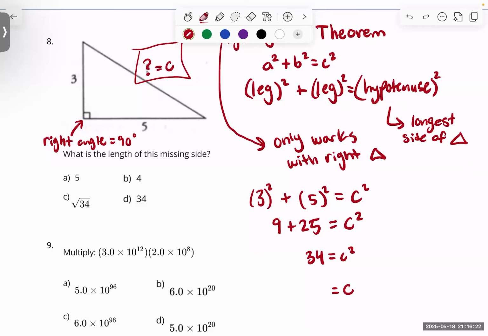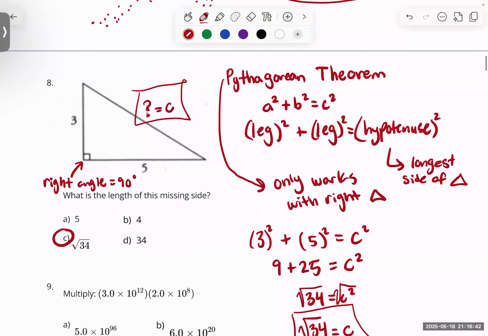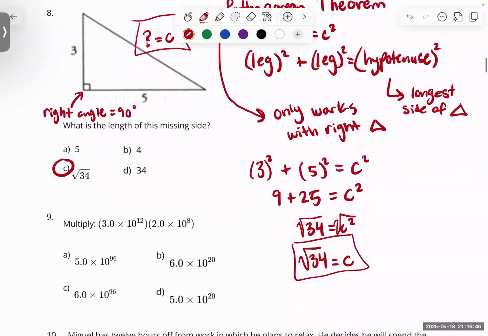And the opposite of squaring something is taking the square root of it. So I need to take the square root of both sides because it's an equation. And the square root of 34 is not a very nice number, so I'm just going to leave it as the square root of 34, which is actually our answer. So yeah, in order to answer a question like this, you need to know Pythagorean theorem and how to use it.